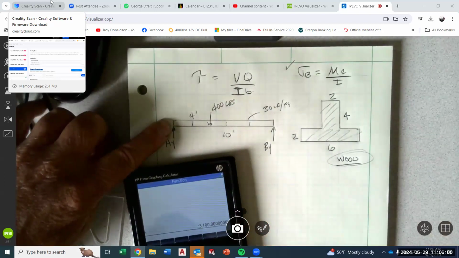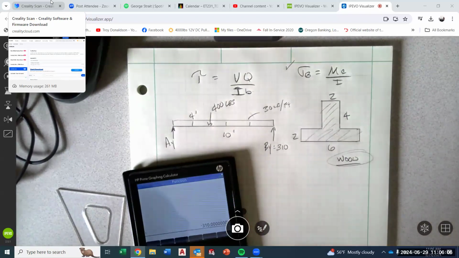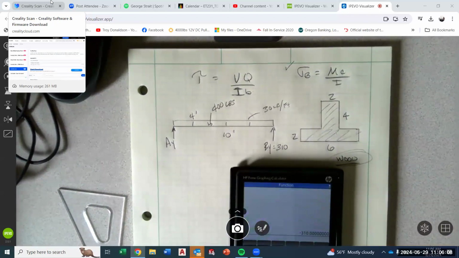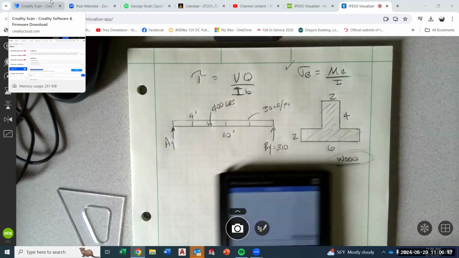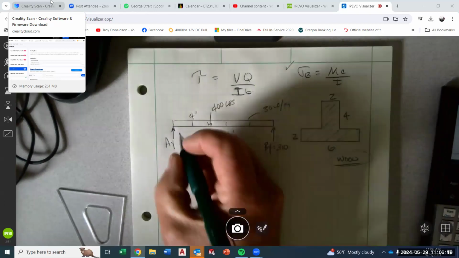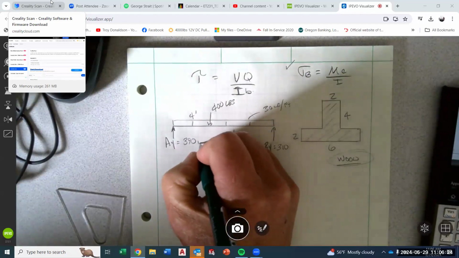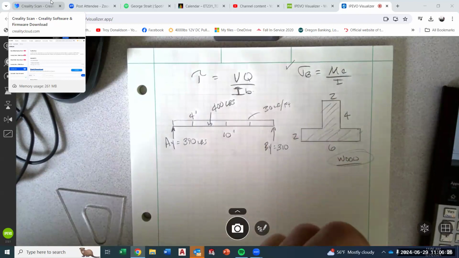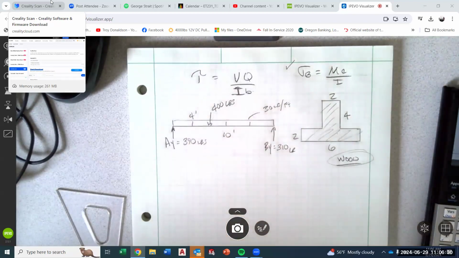That moves to the other side, so I basically divide by 10. So BY is 310. I have 700 coming down, so that leaves me 390 for AY. Hopefully I did all of that right. Seems right, right? Where the larger load is over here closer to the 400.